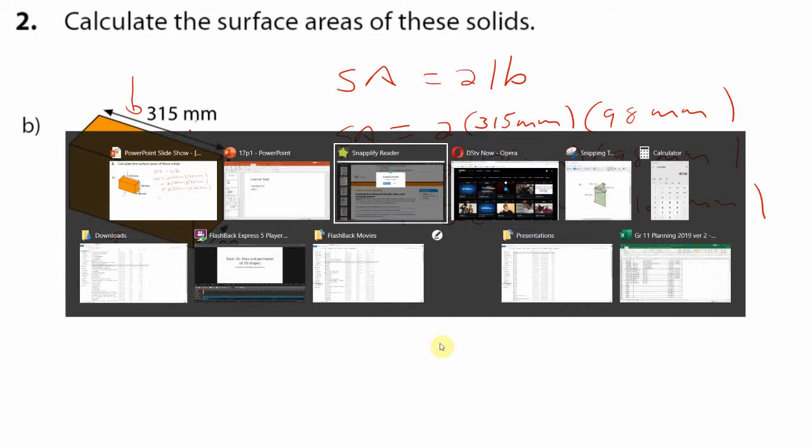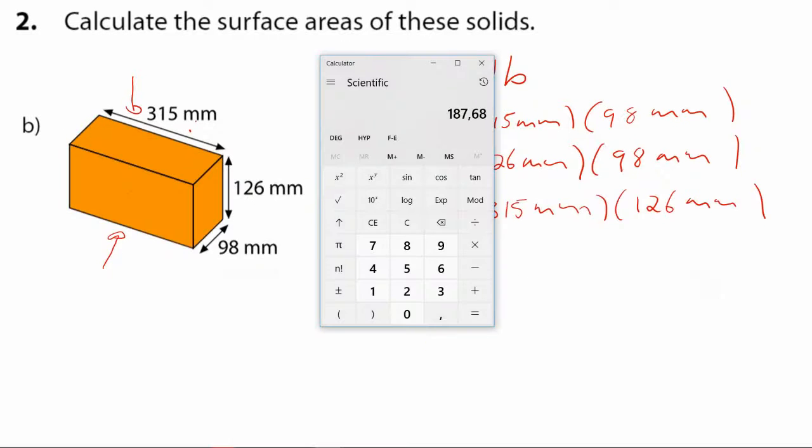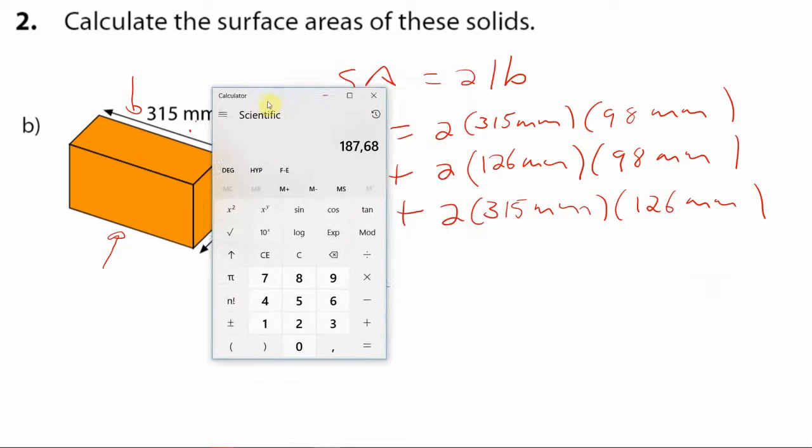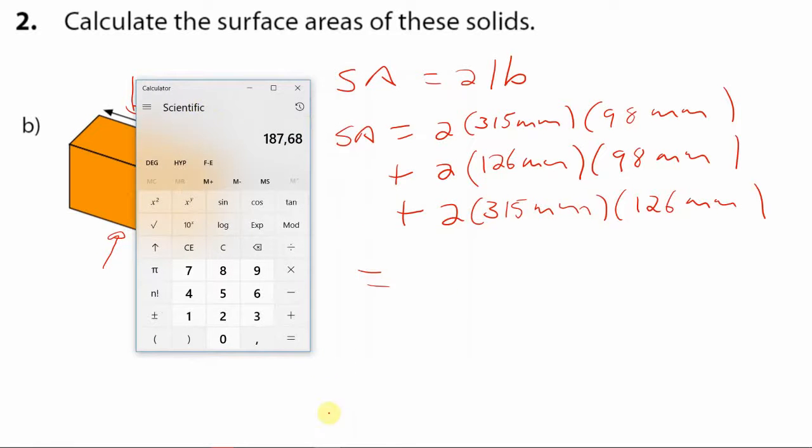So let's just get our calculator to do some of the calculations.